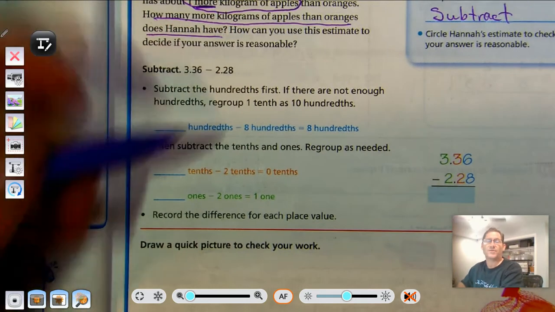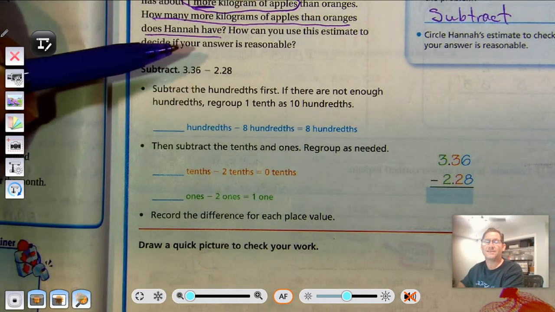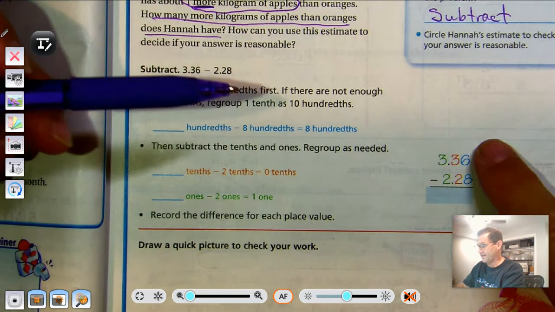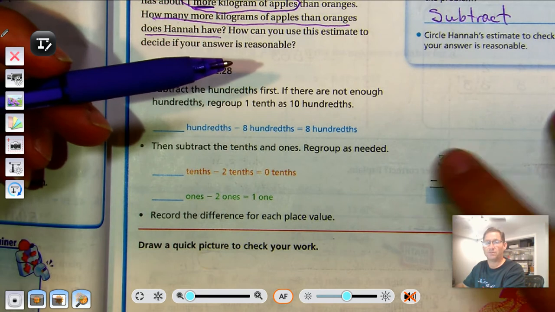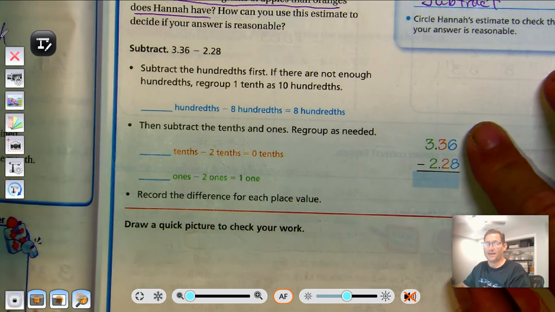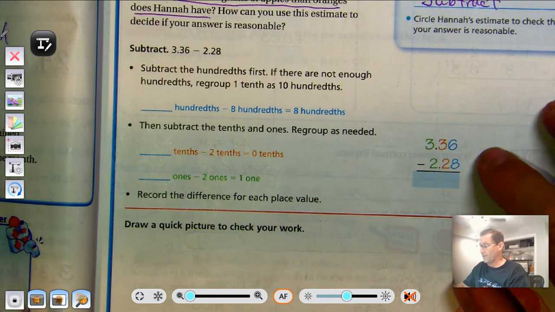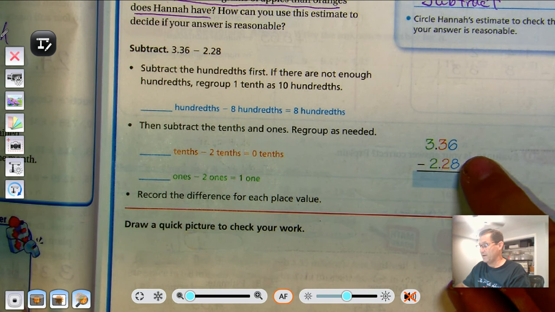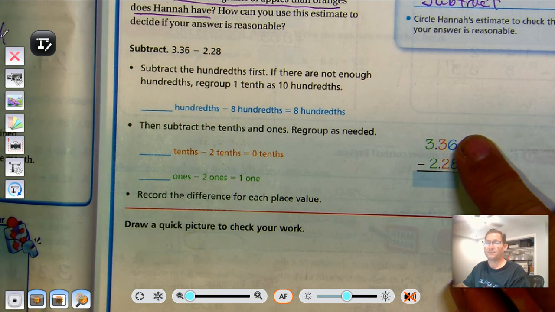So let's go ahead and look at this. So the problem is 3 and 36 hundredths take away 2 and 28 hundredths. So just like any other regular subtraction problem, we're going to start right to left, in the standard way. So we're going to start with the hundredths. We can't take 8 hundredths from 6 hundredths.